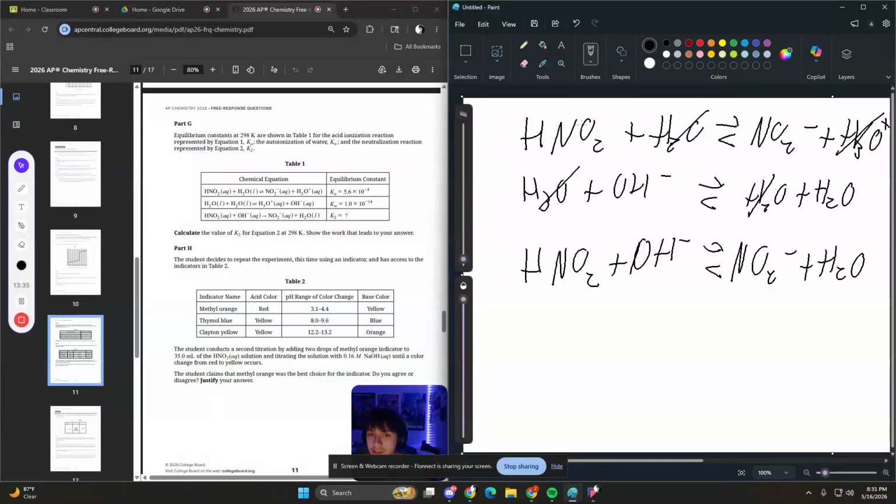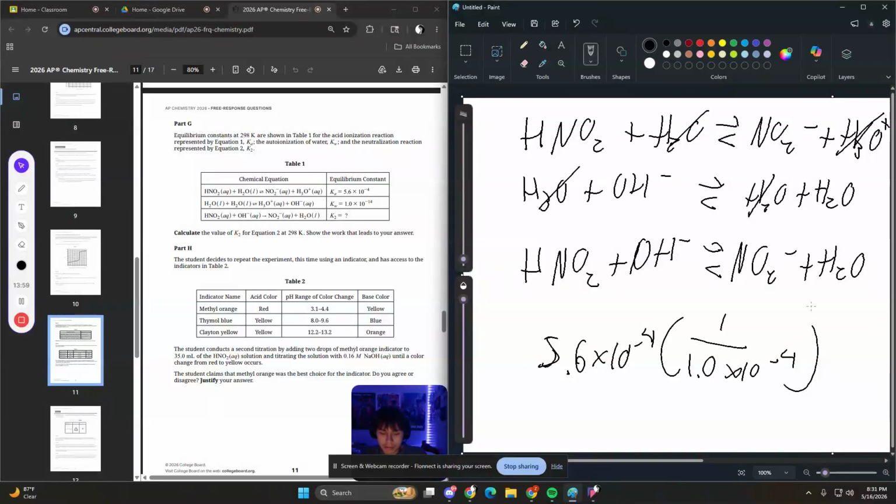So since we did nothing to the first equation, our Ka stays the same, 5.6 times 10 to the negative fourth. But since we flipped our other equation, we're going to have to take the inverse of our Kw, which would be, we'll just be multiplying this times the inverse, which is just 1 over what was given.